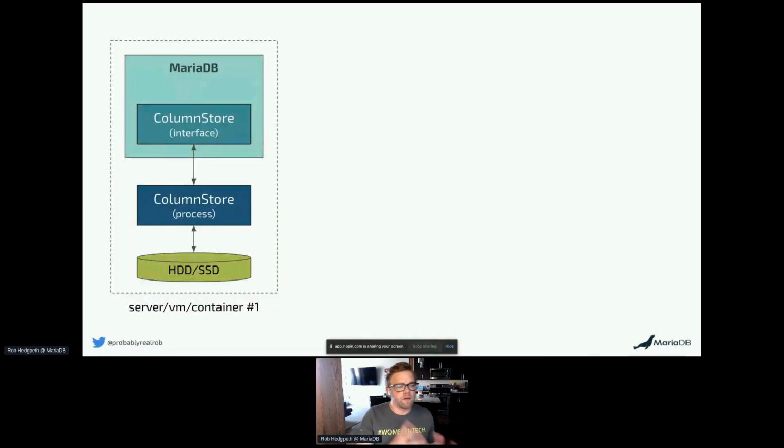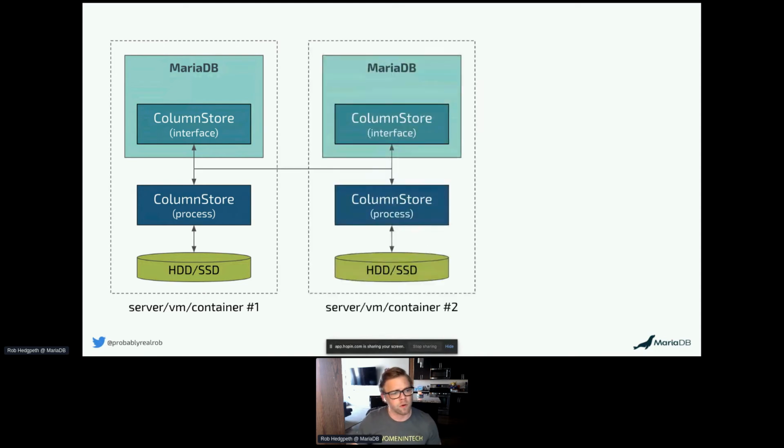Well, if you think about databases in general, there's a lot of value to just distributing them. You get the ability to scale. Scalability is a pretty large reason to have distributed systems. Availability, the ability to stay up and running, is another one. From a scalability perspective, you may start with one instance, or what you could think of as a node for ColumnStore, and then add on, whether it's a server on-prem, some kind of VM, or a container.